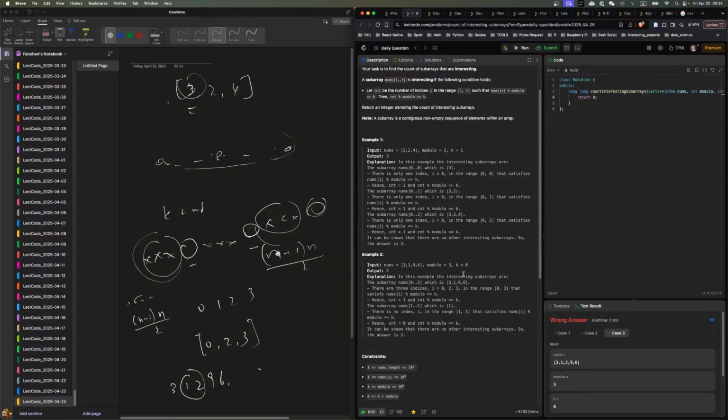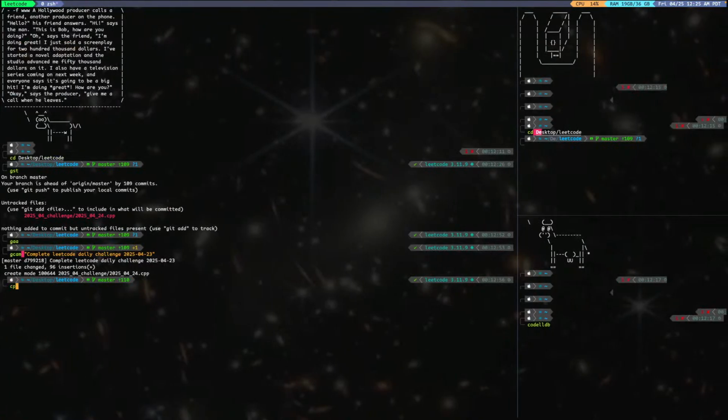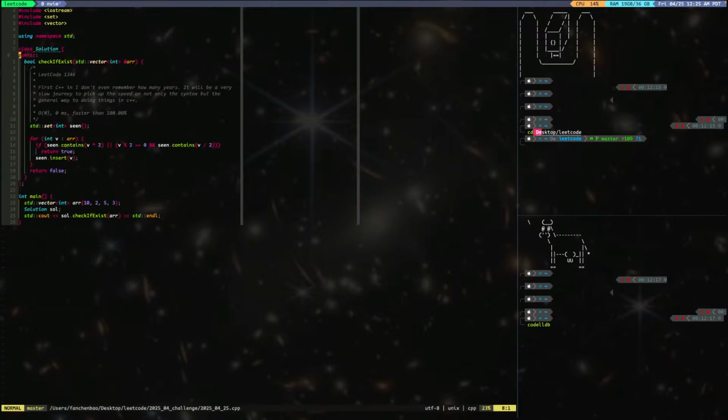Actually, no, because we can go from 0, k plus modulo, k plus 2 modulo, right? So O(n log n), I think. And if it's k equal to 0, it will have a special treatment. Alright, let's try it. So I definitely, the first thing I want to do is to get all the numbers out, right?